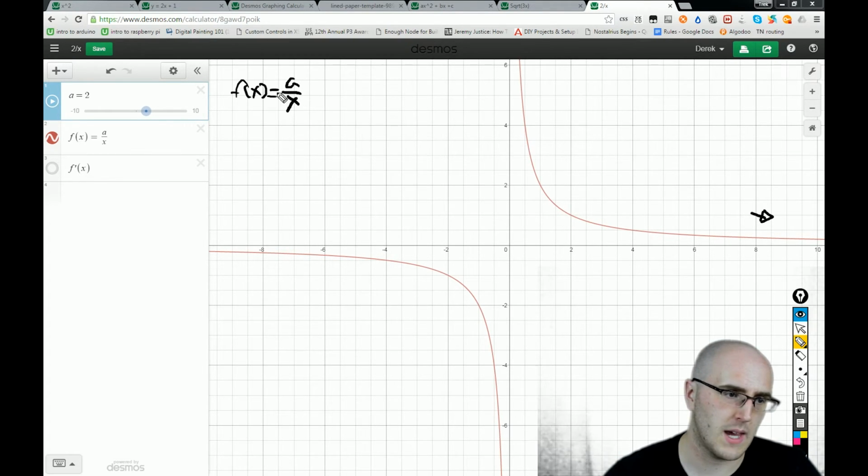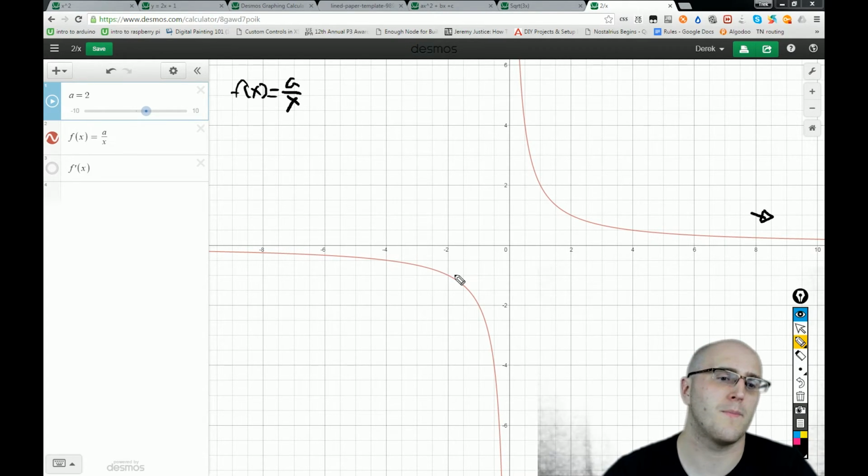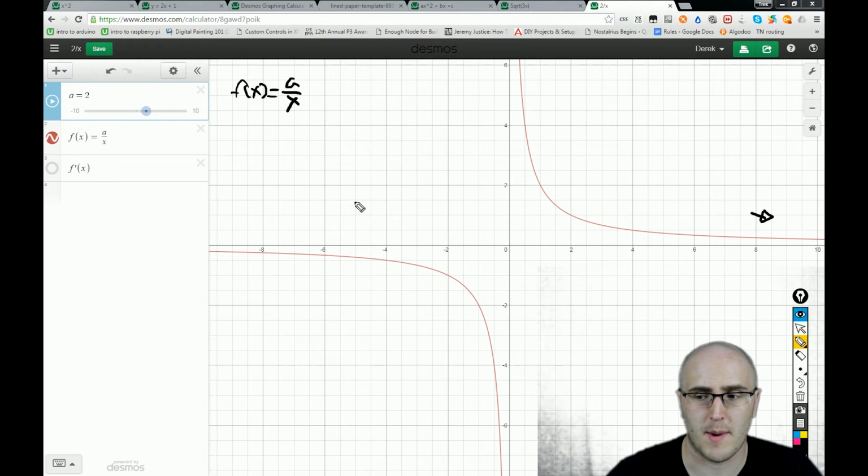On the other side, we get negative x, which is the exact opposite. It's just negative infinity. And as x approaches 0, we get a over 0 and a over negative 0, essentially. And when I say 0, I mean an infinitesimally close number to 0, because we're talking about limits here.